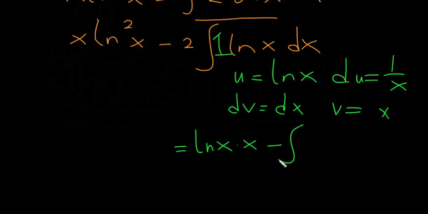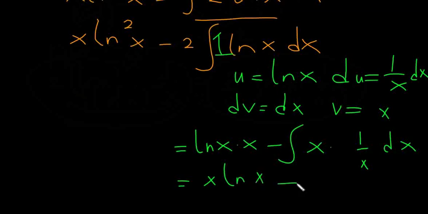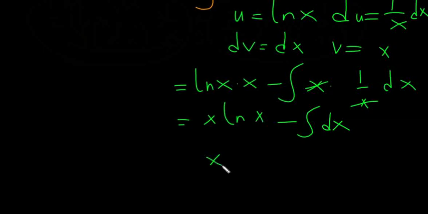So we have v as x and du as 1 over x dx. I'm sorry for that. So this is going to be x ln x minus, and when this cancels out, we have the integral of 1 dx, which is simply the integral of dx. So this is going to be x ln x minus x.